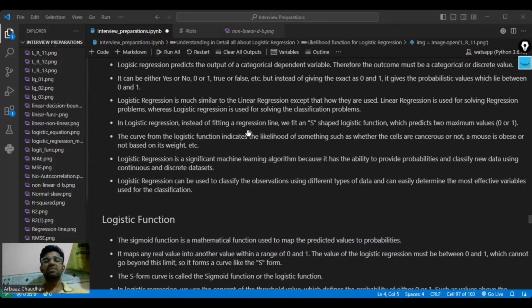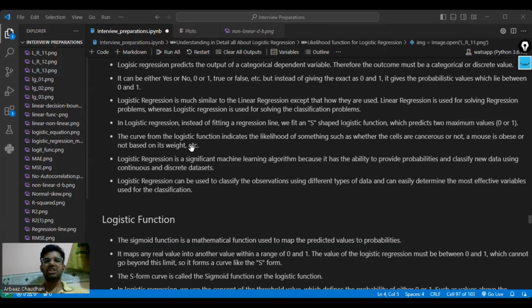In linear regression, we were looking to fit the best fit line, but in logistic regression we are not fitting a straight line. We are making an S-shaped curve, which gives the probabilities in the range of 0 to 1.